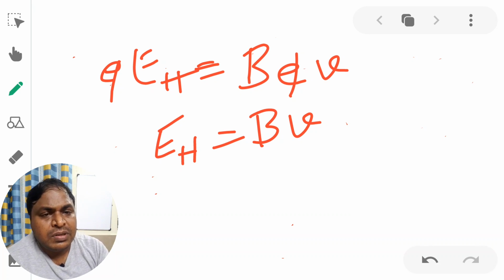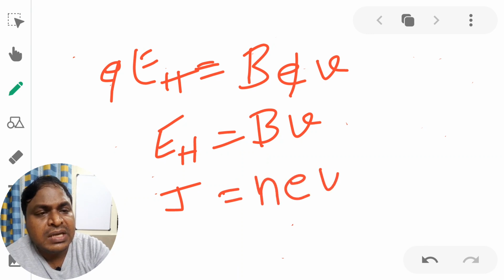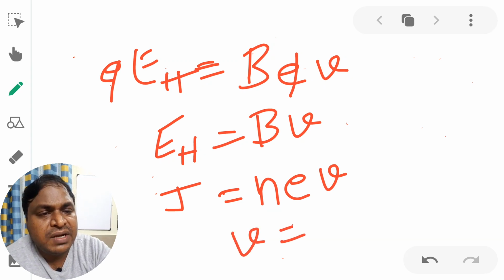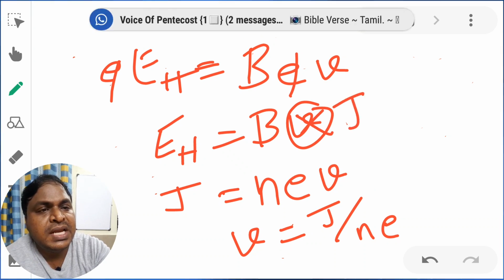Now, current density is equal to NeV, or V is equal to J by Ne. So substitute this V over here. So what will happen?